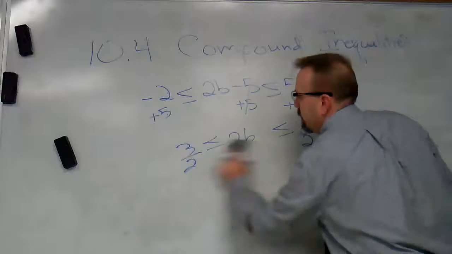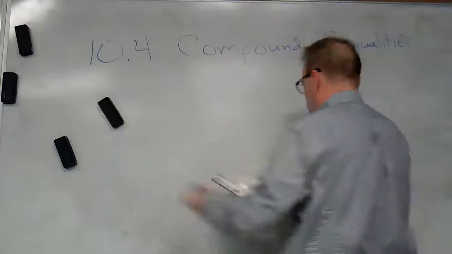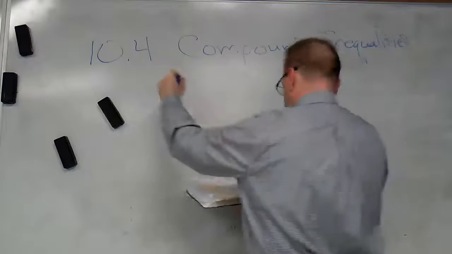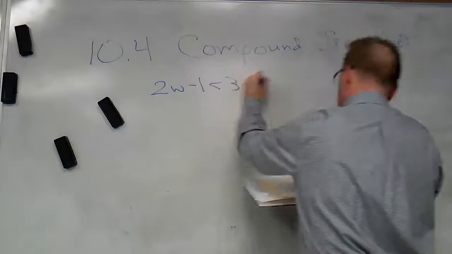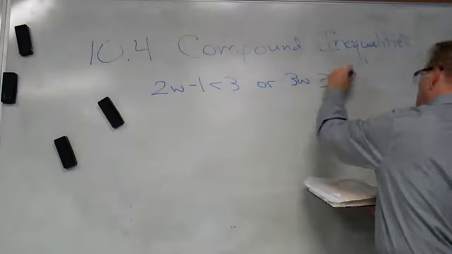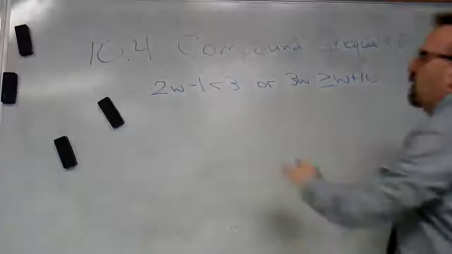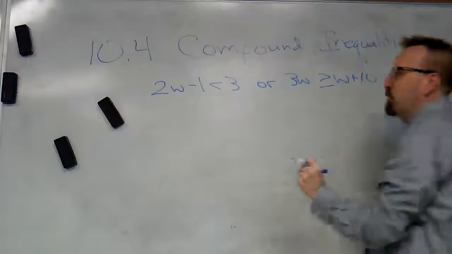They're also going to give you or problems. If it's or, they're going to give it to you as two separate problems. So it says or. We need to work one problem and then work the second one, and then we will graph both results.